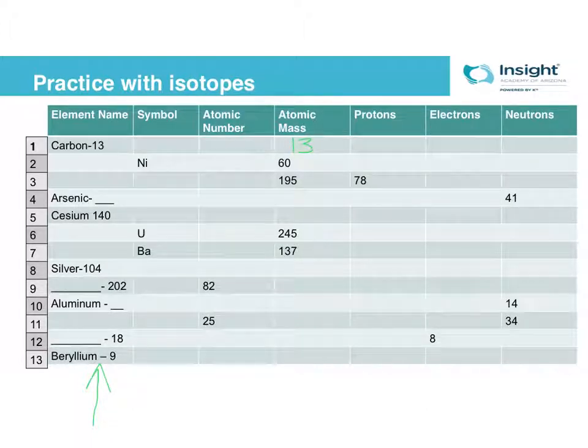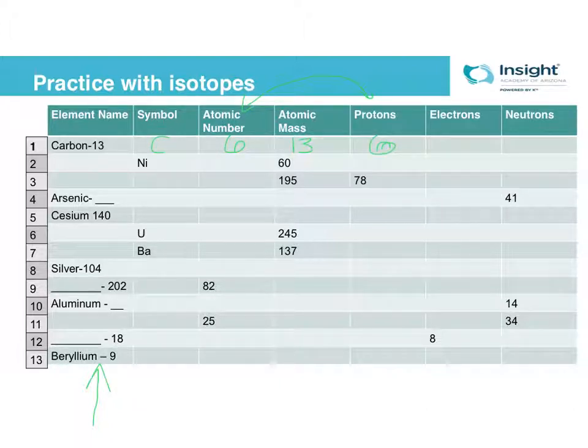Now, my atomic number off the periodic table never changes. That atomic number is carbon's atomic number, and there is nothing that can change that. If the atomic number changes, you are no longer carbon. So my atomic number is going to be 6. There we go. My symbol is carbon, so C. And then I know atomic number and protons are equal to each other.